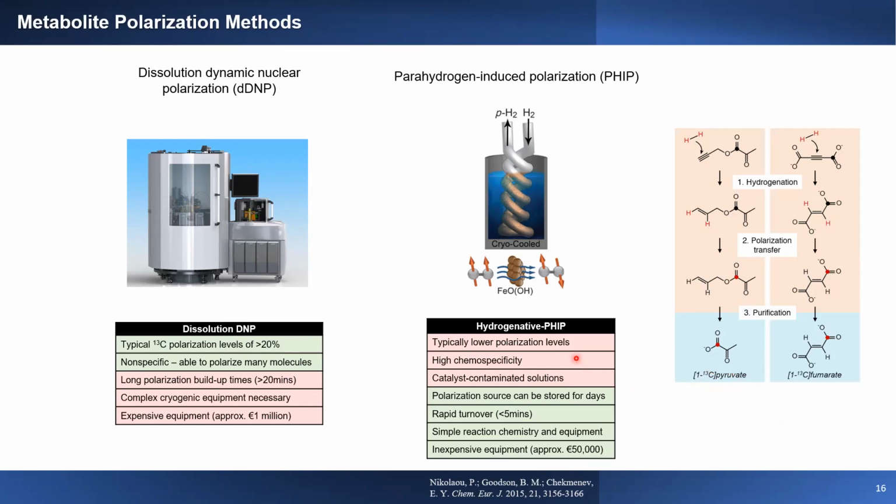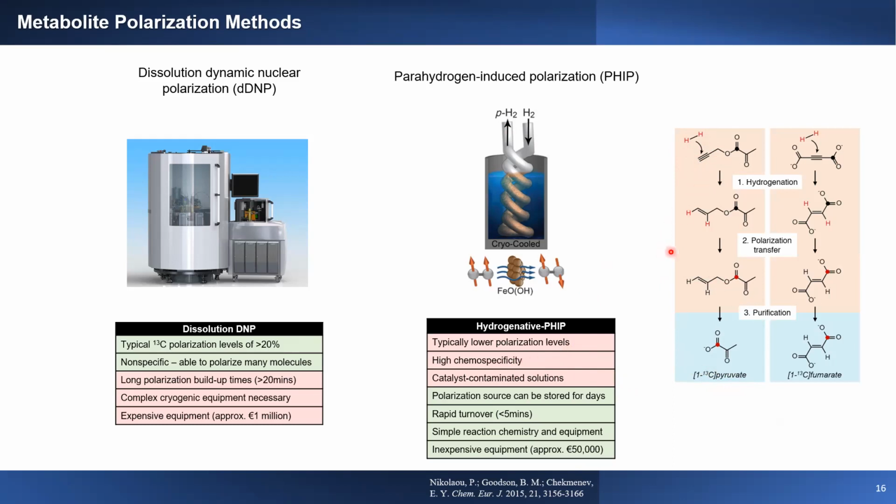So this is a way of producing pure hyperpolarized pyruvate through parahydrogen. So there are some drawbacks to that. The polarization levels are typically lower. It's highly chemically specific. I mean, you can see clearly that you need some part of the molecule that can be hydrogenated, and that significantly limits what you can polarize. This is what we call sidearm hydrogenation. This was developed in Torino back in 2014 and 15. And it's a really nice example of overcoming that problem of the high chemical specificity.